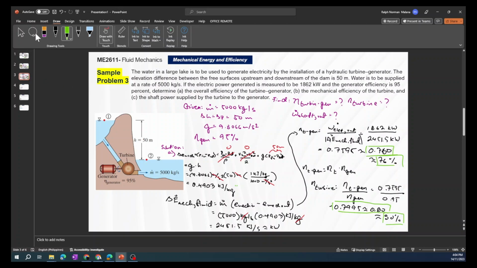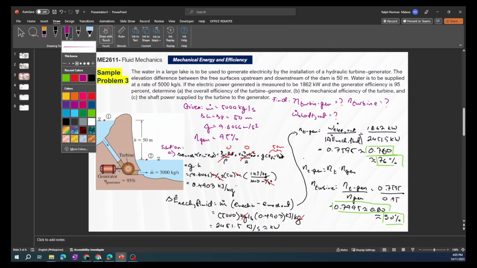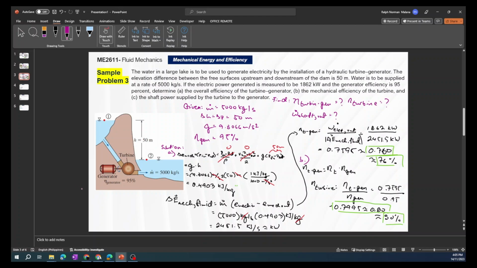All right, so we are not yet done. We are left with what is the shaft power supplied by the turbine to the generator. So that's A, this is B. For us to determine the work shaft output, remember there's another formula for the turbine.